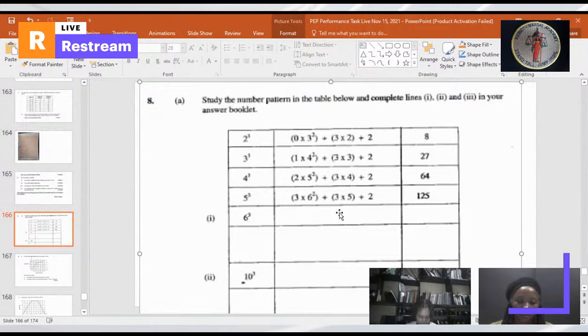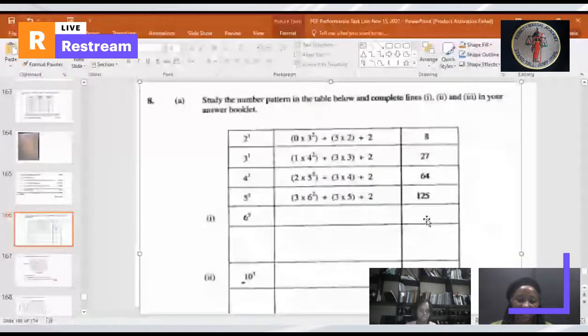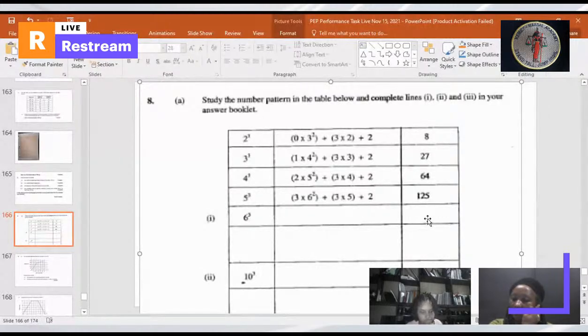I don't remember how we got the 3 for the second bracket. The 3 is always there. Okay. And then put back the 6. So 3 times 6 plus 2. And that would give what? Miss, just work out 6 cubed and put it here. 36? Okay, Miss, 36. Cubed, not squared. Oh, cube. 6 cubed would be 216.